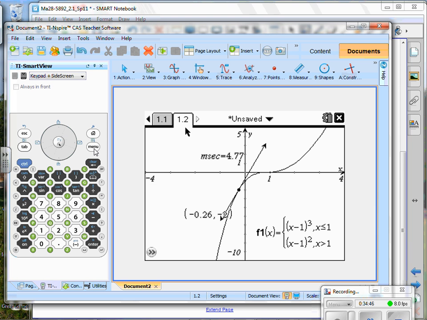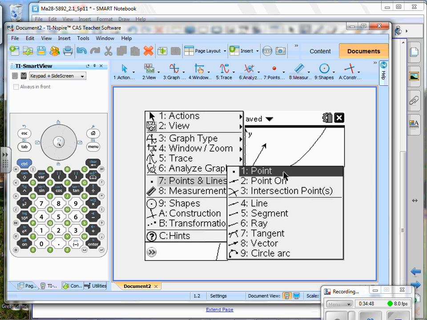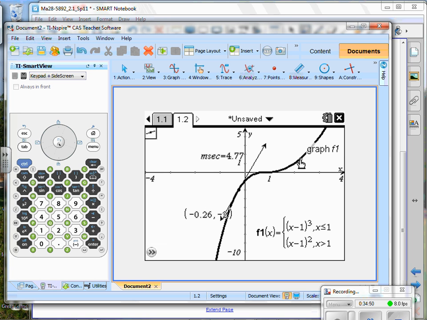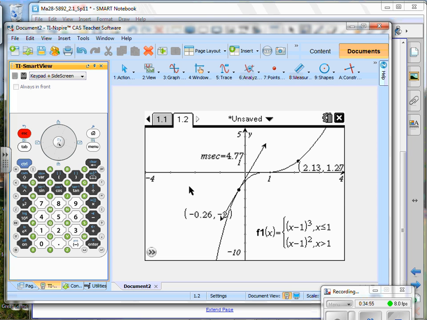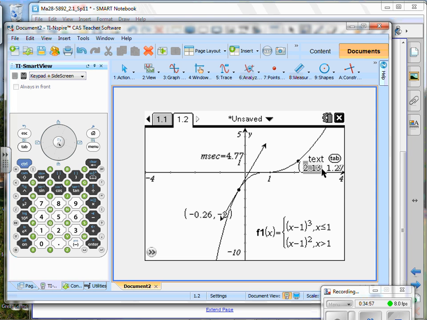I know I'm working a little bit fast here. I want to make a point on this. What point did I give myself? 2? I think it was on my notes.